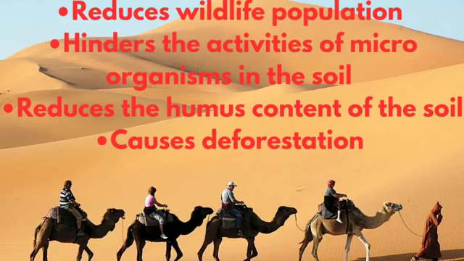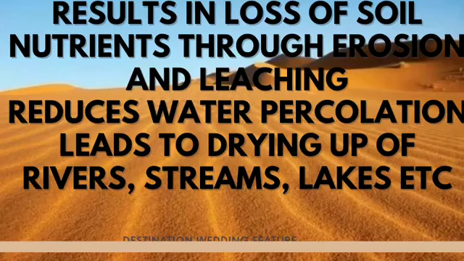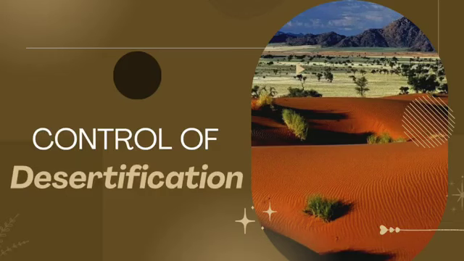It reduces the humus content of the soil. It causes deforestation. It results in loss of soil nutrients through leaching and erosion. It reduces water percolation. And lastly, it causes drying up of rivers, streams, lakes, etc.